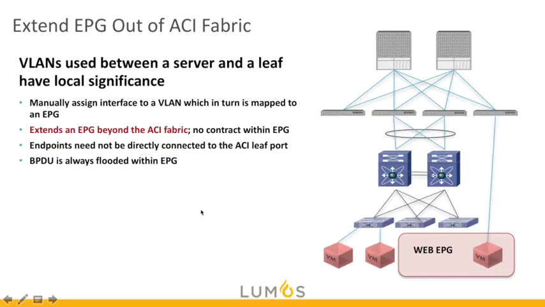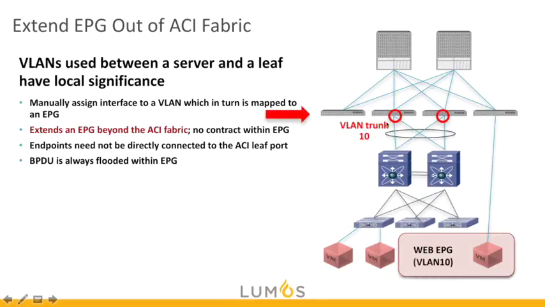So what do we do? Well, for one thing, we're going to create a back-to-back VPC, sometimes called a bow tie. These two switches are acting as one, these two leaves are acting as one. So it's basically a single VPC between two switches, even though there's four. And we call this a bow tie sometimes. We're going to use a VLAN, and we're going to map that to that EPG.